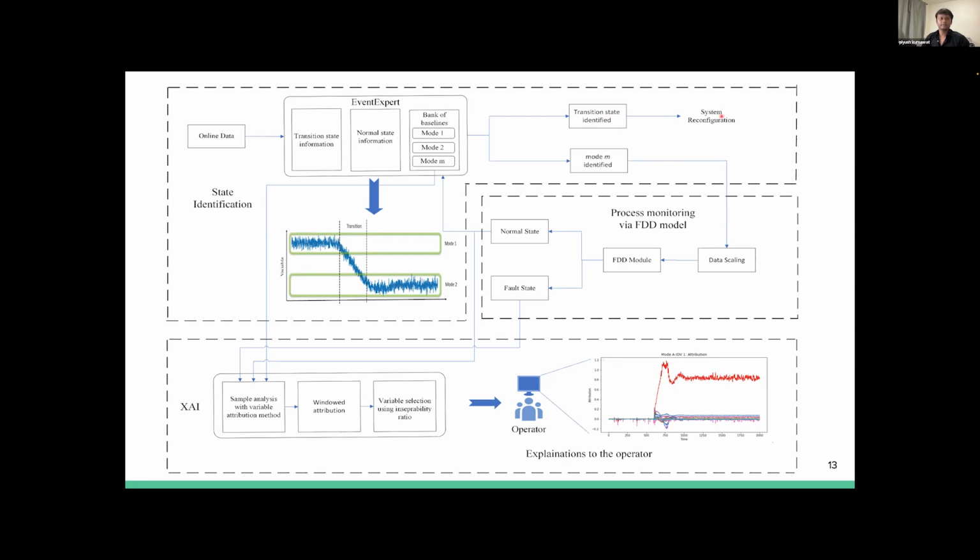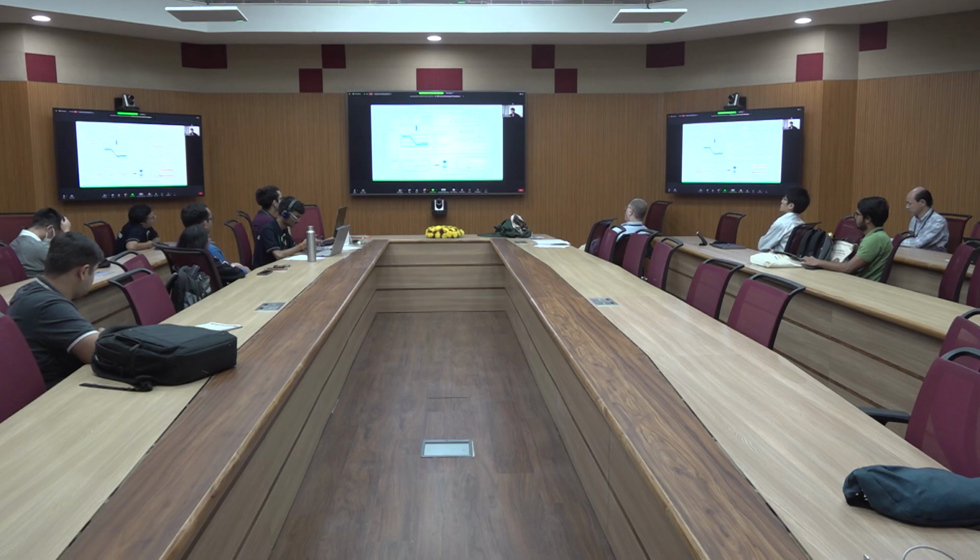If there is a fault in the state, or the normal state, if the process is in a normal state, the data will be sent directly to create the bank of baselines, and both of these signals are sent to the XAI approach for sample analysis using a variable attribution method. Here, 3 steps are also involved.